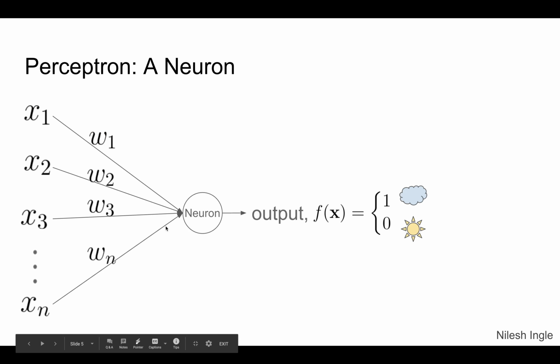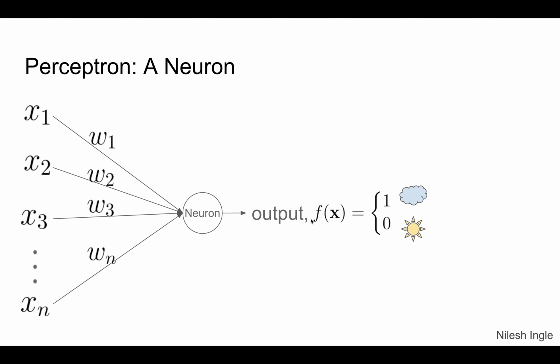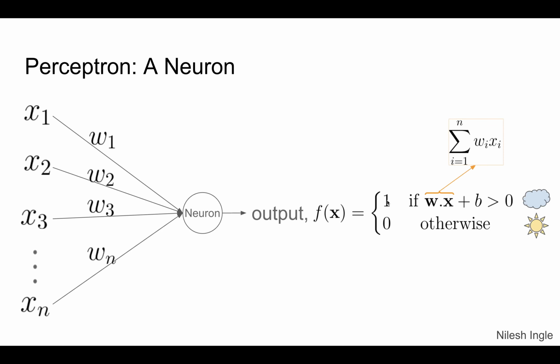Now the neuron computes an output value, which is then classified based on the score. So let's look at this slide here. If the score, which is wx plus b, where b is a constant here, is greater than 0, then that image is assigned to class 1, which is clouds, meaning it will rain, and otherwise it's assigned to class 0, which is sunny, and it won't rain.